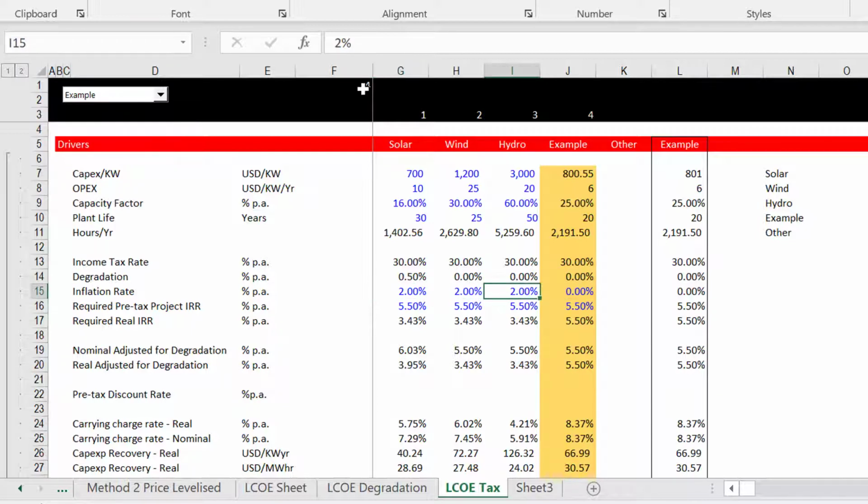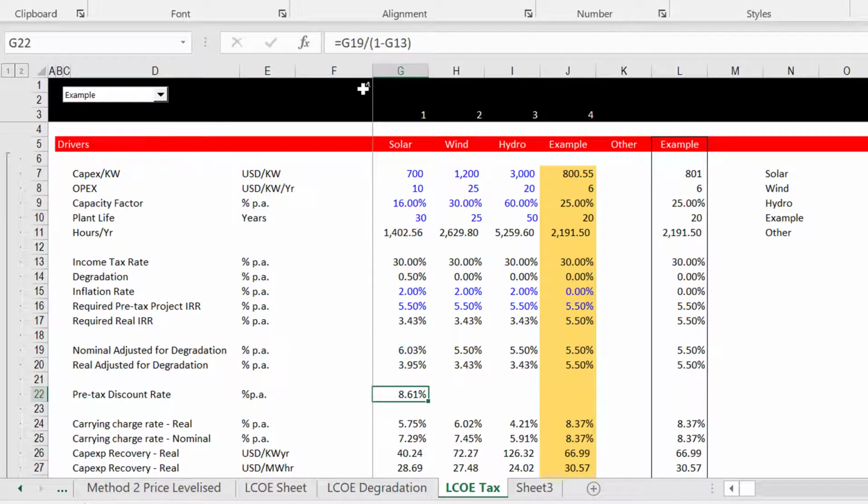Let's take this one with zero inflation right now. So the real and nominal discount rates are all the same. And then we need a pre-tax rate. So we take the nominal and we divide that by 1 minus the income tax rate. So we get a higher discount rate.